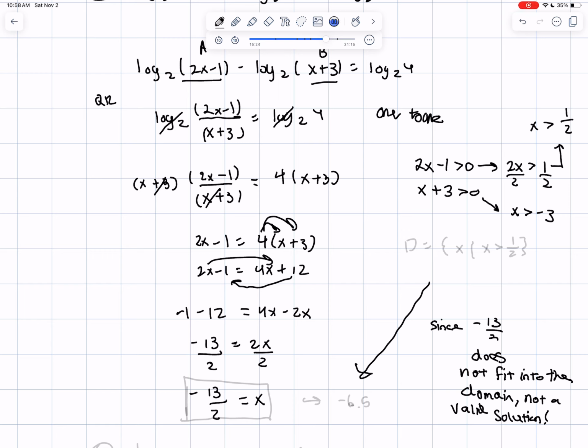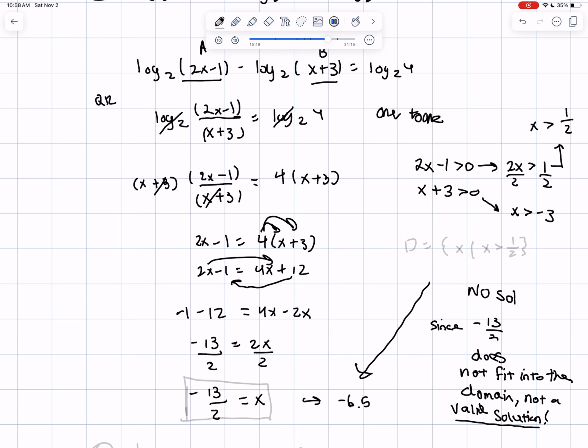So let's see, what is our domain? If I do negative 13 over 2, and evaluate it into decimal form, it becomes negative 6.5. So which one is closer to our answer?